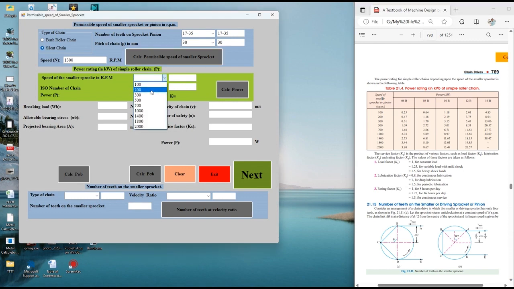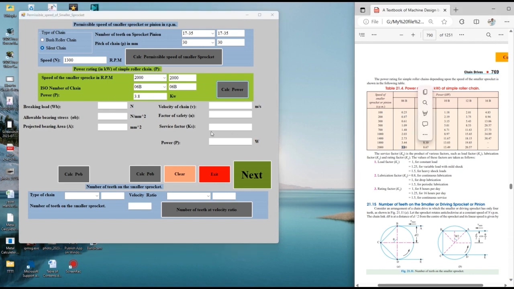Here, let's take these values. For example, at a speed of 200 and at ISO number 06, the value becomes 0.47 kilowatt. If we change this value into 2000, the value also changes.